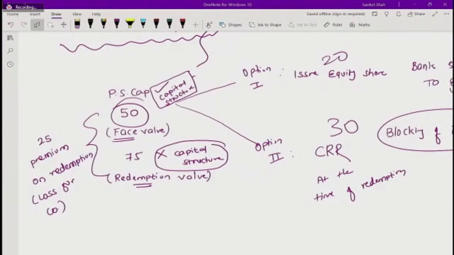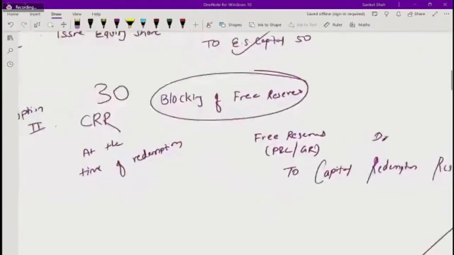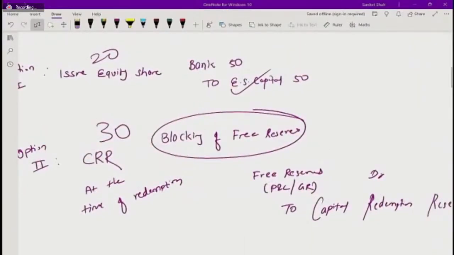Please don't take only screenshots here. Write it better, write it. And here the entry will be free reserve account debit. Issue equity shares and CRR.